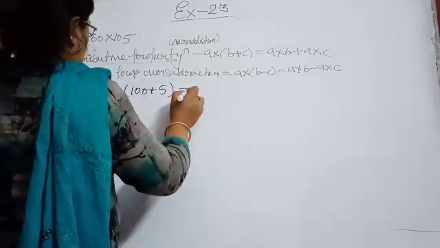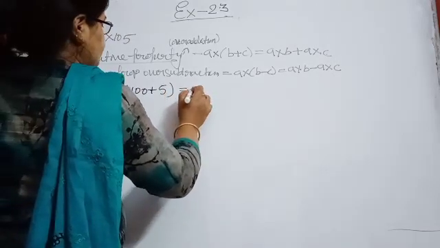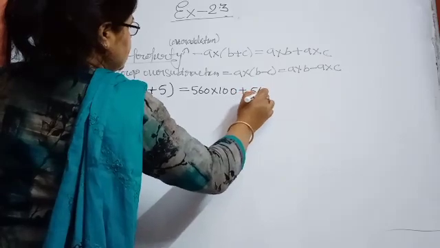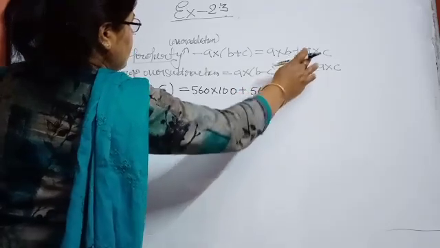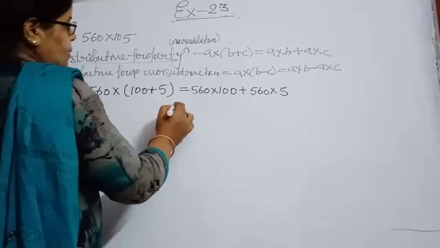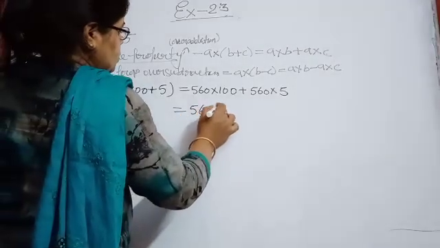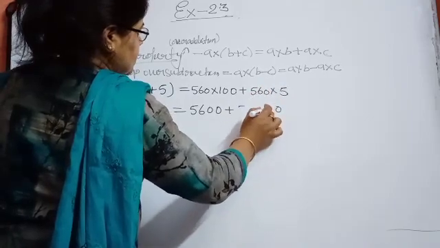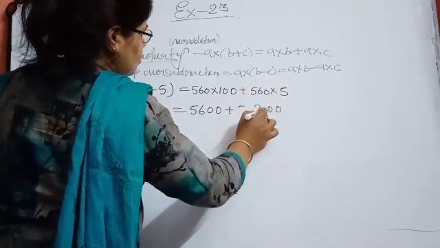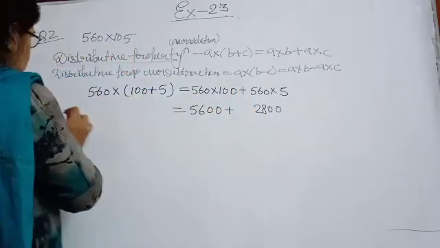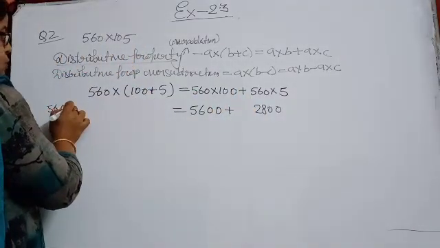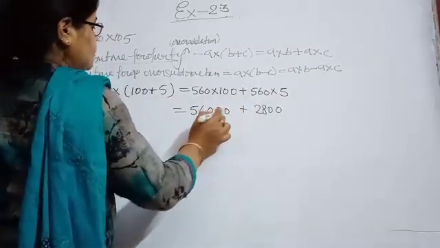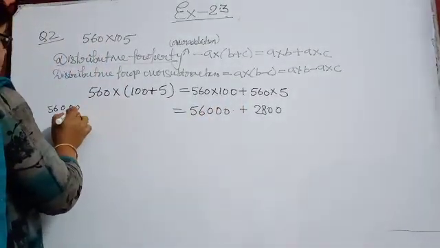See that now how it will be 560 into 100 plus 560 into 5 by this rule. Okay, so it will be 56000 plus 560 into 5: 5 sixes are 30, 3 carry, 5 fives are 25, plus 3 is 28, and 0 for 5 times 0.